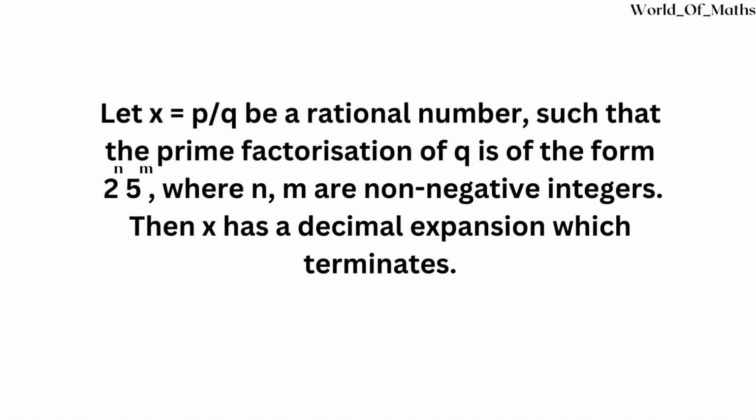The first theorem on the decimal expansion of rational numbers is: let x equal to p by q be a rational number such that the prime factorization of q is of the form 2 to the power of n multiplied by 5 to the power of m, where n and m are non-negative integers. Then x has a decimal expansion which terminates. We have seen in the previous examples that the denominator q can be expressed as a product of the factors 2 and 5.